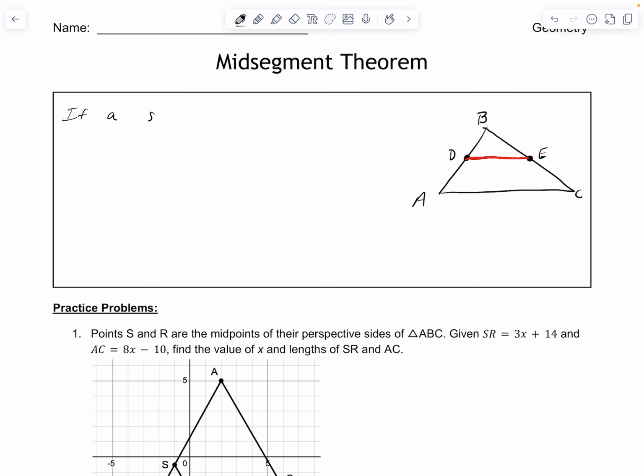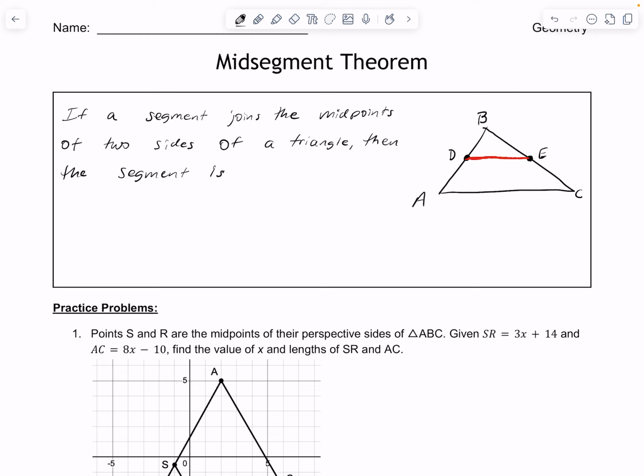If a segment joins the midpoints of two sides of a triangle, then the segment is parallel to the third side and half as long.